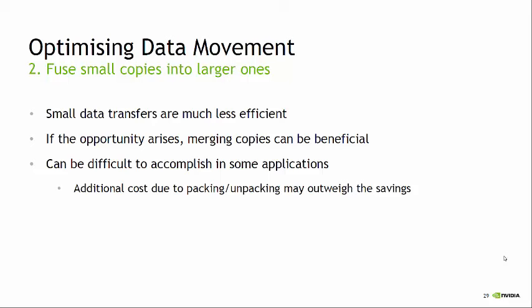So what we could do is pack the strided section into one buffer, copy it, and then unpack it on the other side. In some cases that's beneficial, in some cases it's not. It may depend on how you do the packing and the unpacking. So if you notice yourself doing a lot of small memory copies, it's something to consider, but as with a lot of optimizations, your mileage may vary.